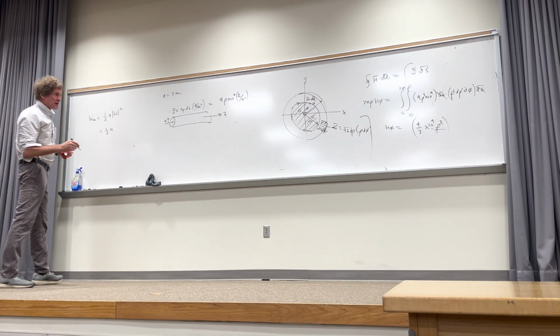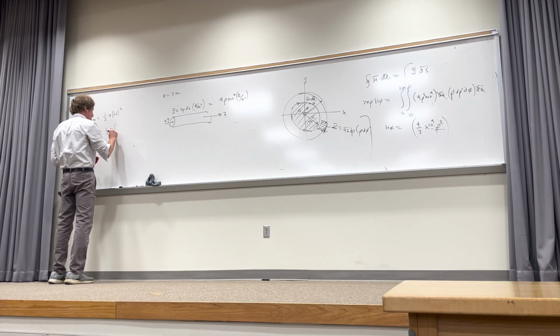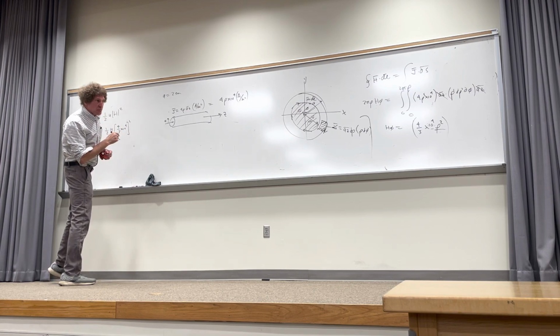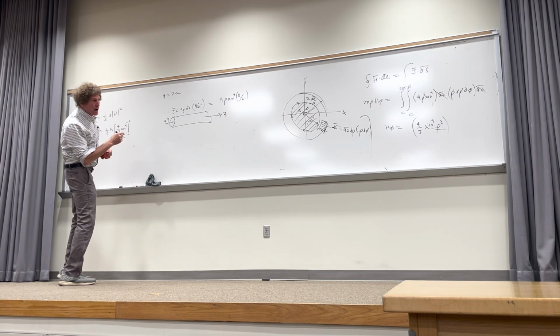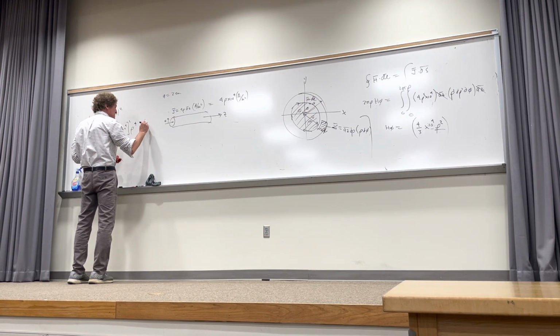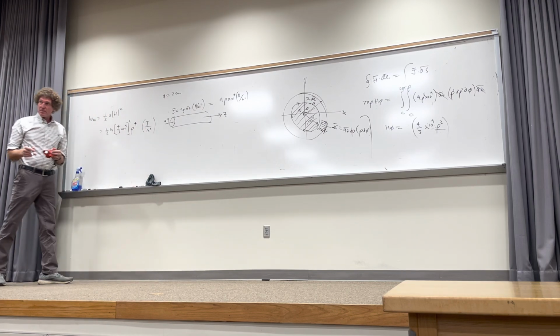I get 4/3 times 10 to the 4th squared, and then I get times rho to the 4th, right? And the units of this would be joules per meter cubed. Agreed?